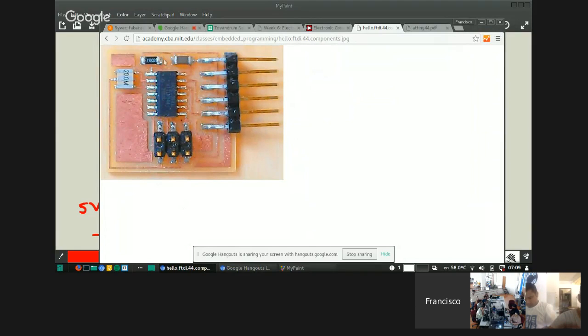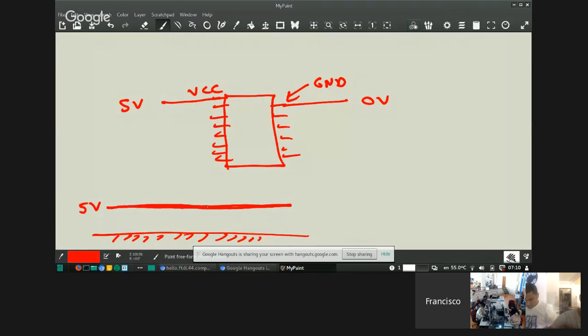But the best thing to do is you hook the USB to your computer and you analyze in the oscilloscope how the 5 volts that your computer is delivering looks. And you will see that it's not like this. It's going to be more something like this. You see?